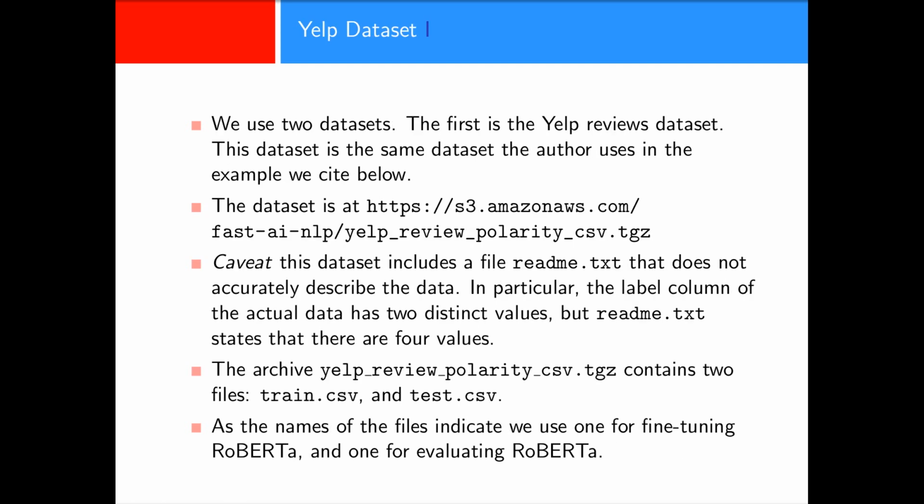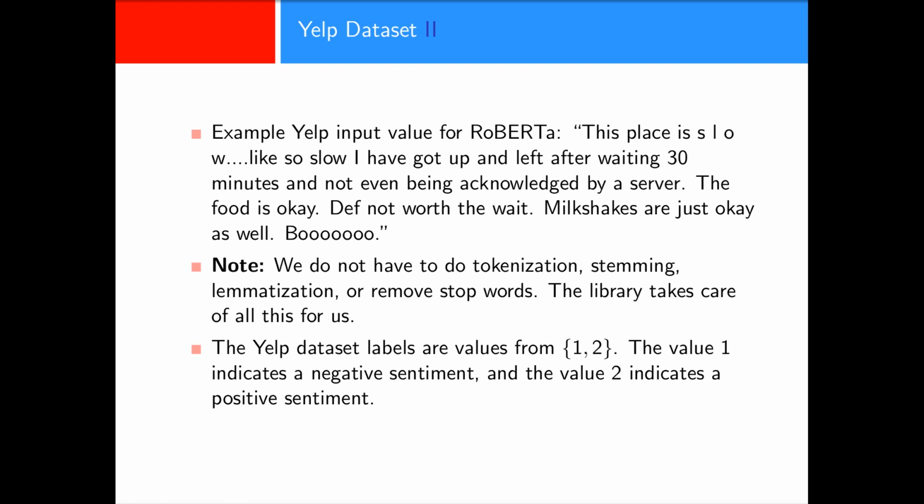Now we're going to talk about the data that we use for these experiments. There's a Yelp data set that we found from a guide on how to use Roberta, and then there's the SEC data set that we created ourselves. To give you an idea what the Yelp data looks like, one does not need to do any pre-processing, tokenization, or word count vectorization.